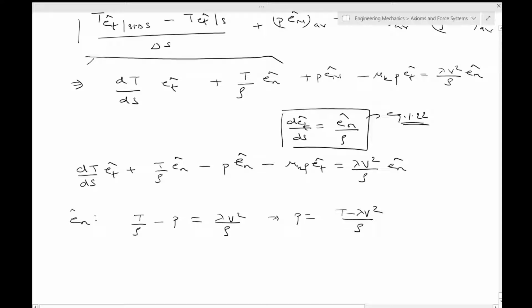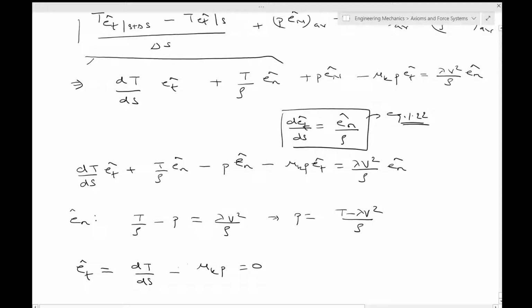In the et direction, dt by ds minus mu k p is equal to 0.